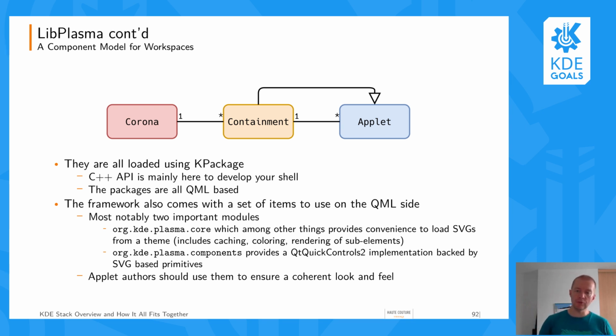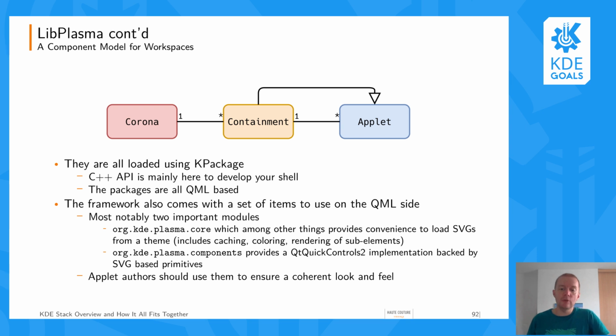So there are two important modules there. The first is org.kde.plasma.core, which provides a convenience to load SVGs from a theme, and that includes caching, the coloring, rendering of sub-elements, and so on. So all the theming is basically running on that. And then org.kde.plasma.components, which provides Qt Controls 2 implementations backed by SVG-based primitives, because everything is SVG-based in all shells.